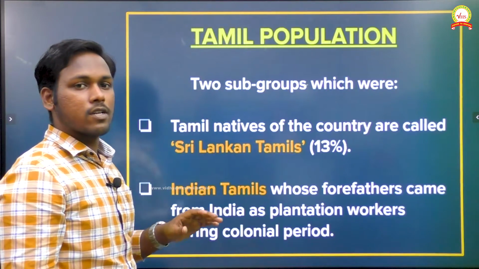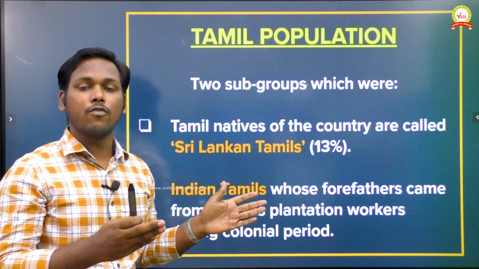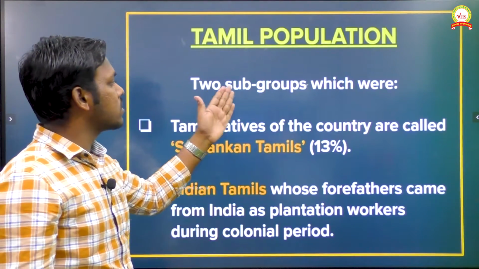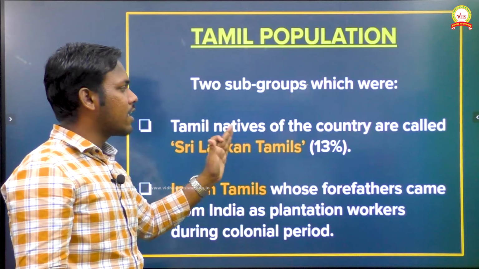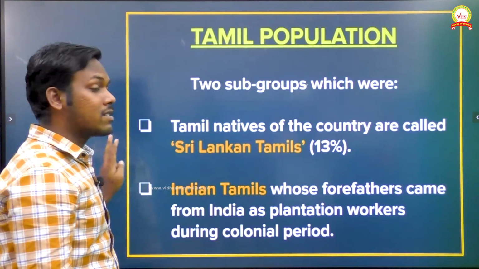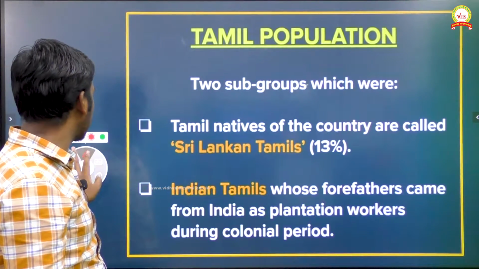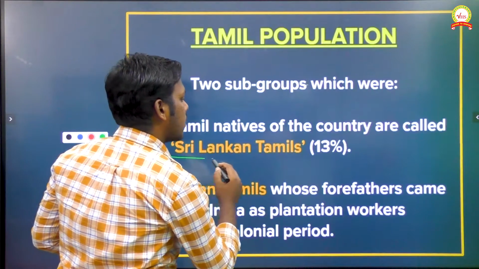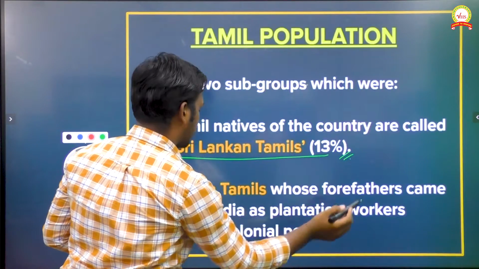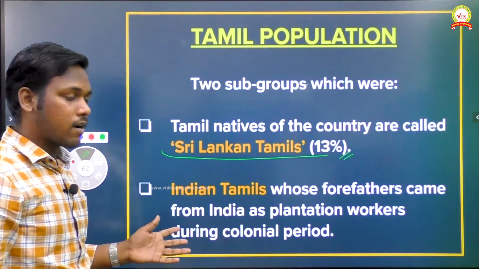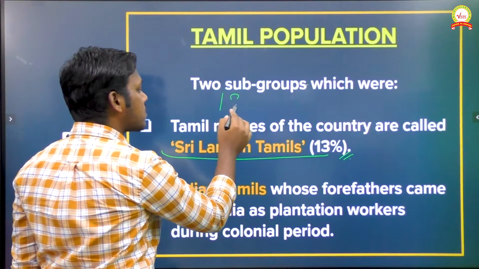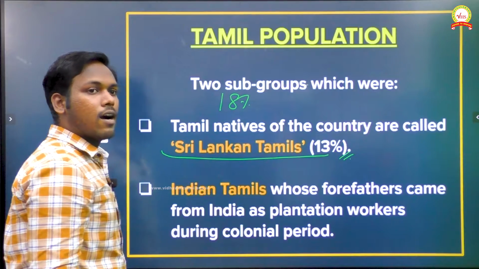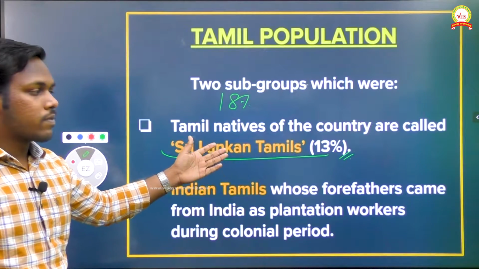If we have a keen look at the Tamil speakers, there are 2 subgroups. Tamil natives of the country are called Sri Lankan Tamils. They are actually the natives of Sri Lanka, but just 13%. Indian Tamils are also there. I told you 18% of total Sri Lanka were Tamil speakers.